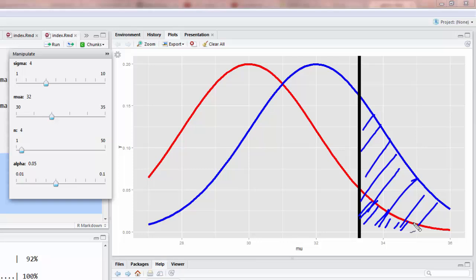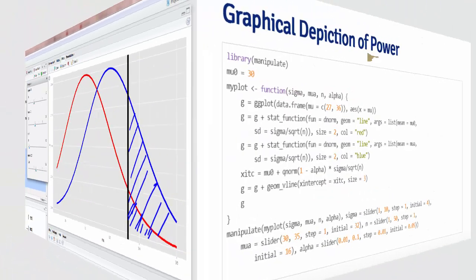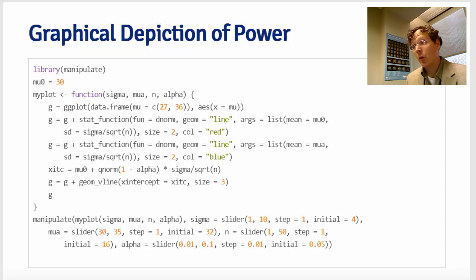But using the manipulate function like this, you can actually experiment with it yourself. Briefly here, I give the code for developing this function that you use in manipulate to look at the different aspects of power as you vary sigma, mu a, n, and alpha.